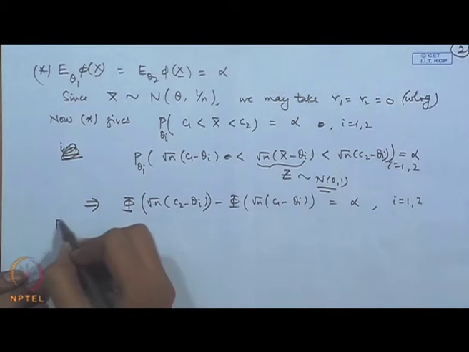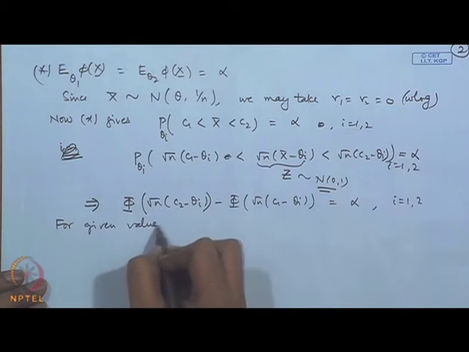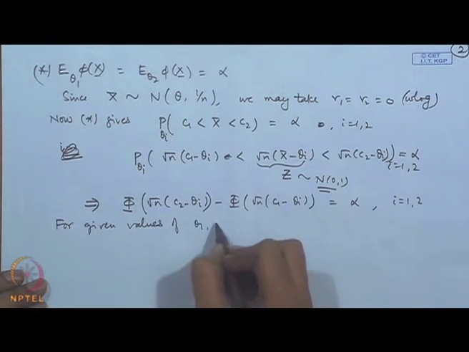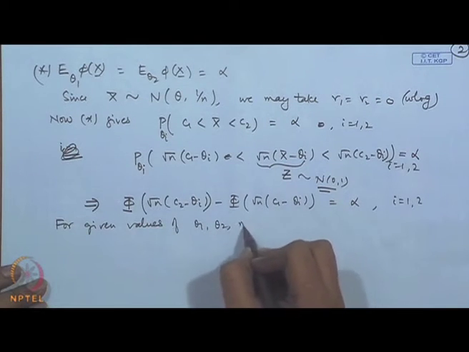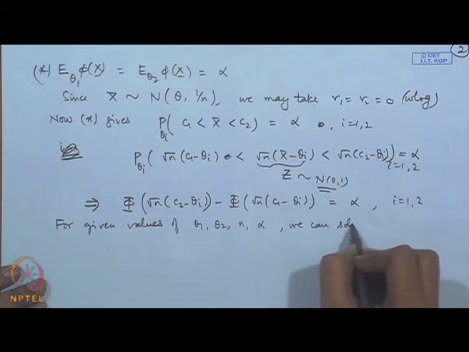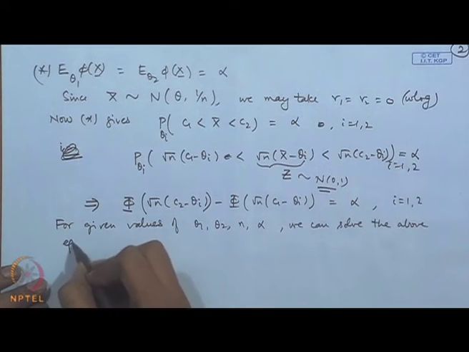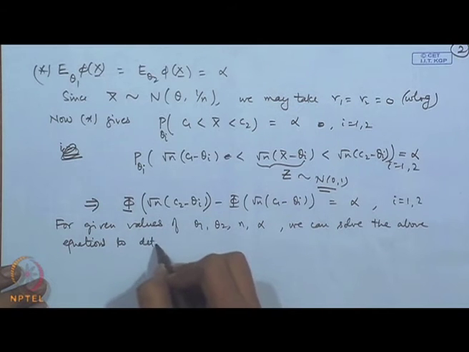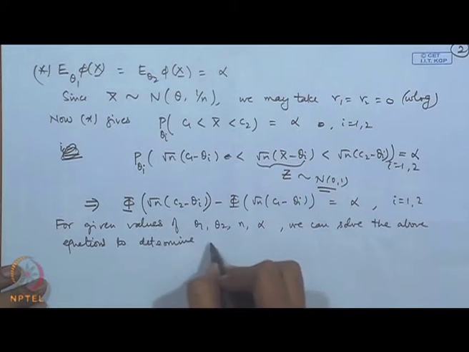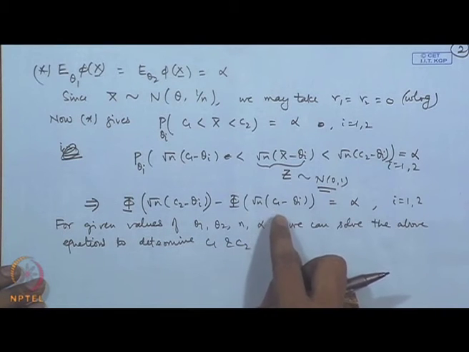So, for given values of theta 1, theta 2, n and alpha, we can solve the above equations to determine c1 and c2, and of course these will be numerical solutions.